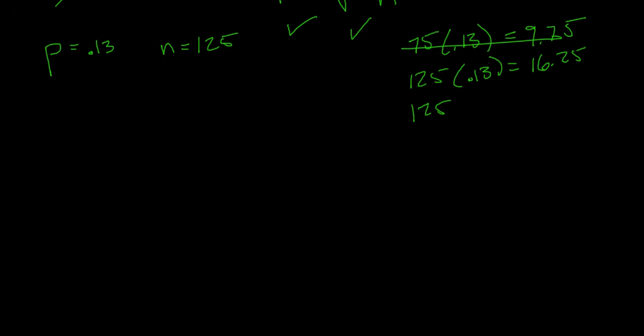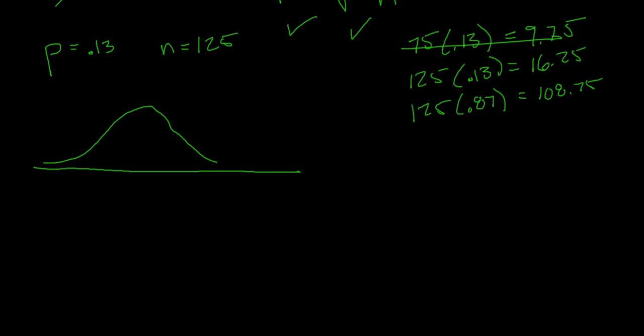Now, of those 125 people, I also need to have 87% be not left-handed, right? Those are my failures. So 125 times 0.87 is clearly going to be more than 10. It's 108.75. I just need both those numbers bigger than 10 so that I can draw the model. And the model is really easy to draw. I'm going to draw a normal model.